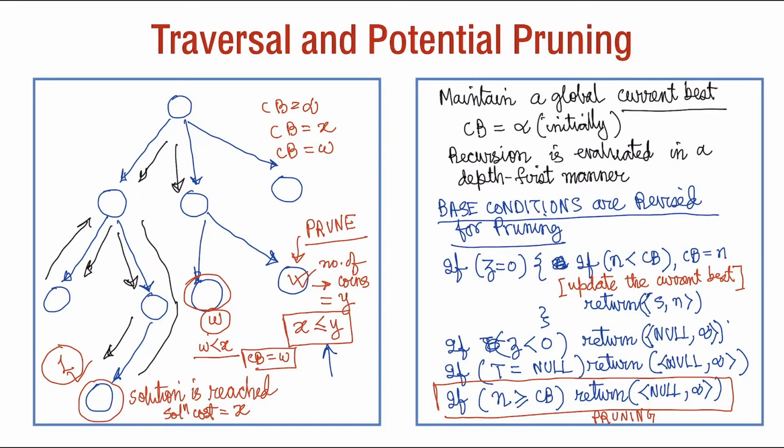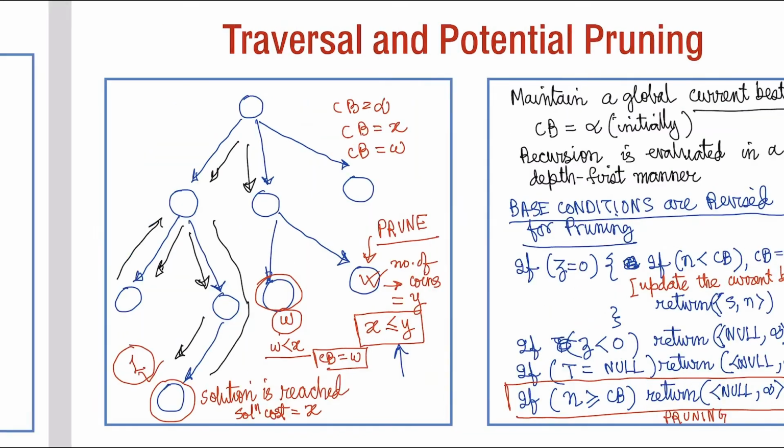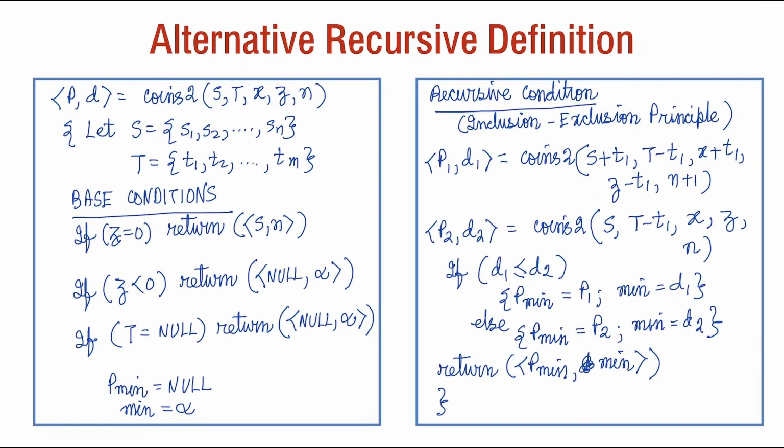This sort of a pruning during the traversal will enable us to ensure that we do not see places which are not to be seen. So let us go back and look at this example. Here in the base conditions that we had, when we found the base condition with z equal to 0, we updated it with the current best.